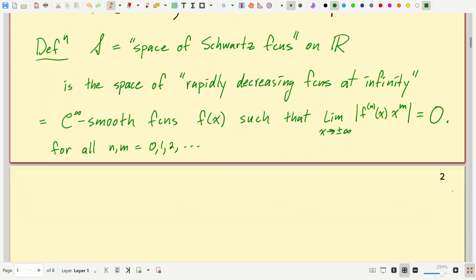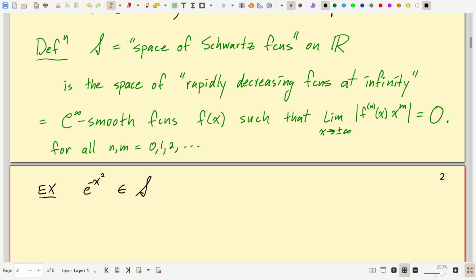And so we've seen one example so far, namely e to the minus x squared. That's a Schwartz function. If I differentiate that, it would just bring out powers of x. And if I multiply it by powers of x, it would make the powers of x even higher. But it dies away so fast that it kills powers.